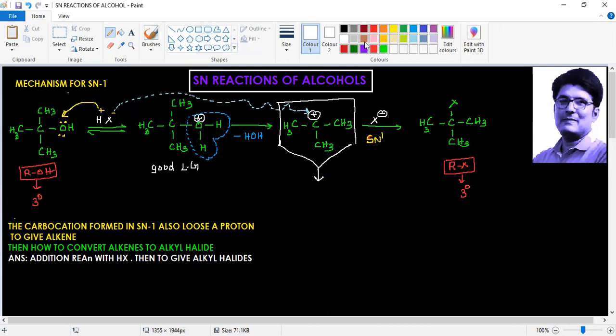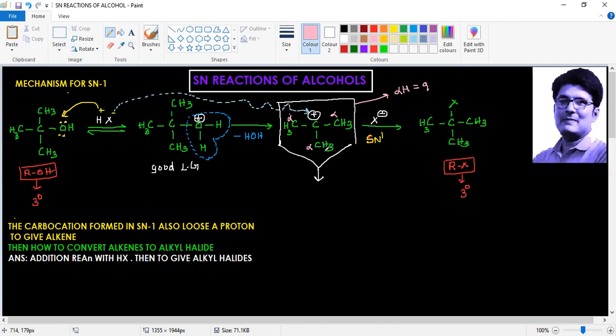This is an alpha carbon, this one is also an alpha carbon, and this one is also an alpha carbon. So how many alpha hydrogens are there in total? The alpha hydrogens can release H plus ions, which means acidic nature. So 3 plus 3 plus 3, that is 9.